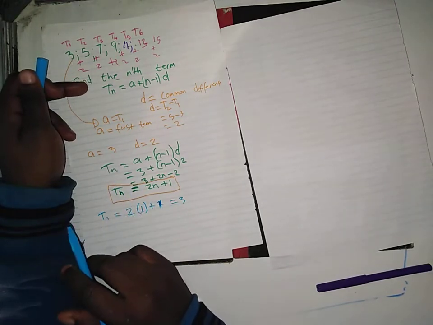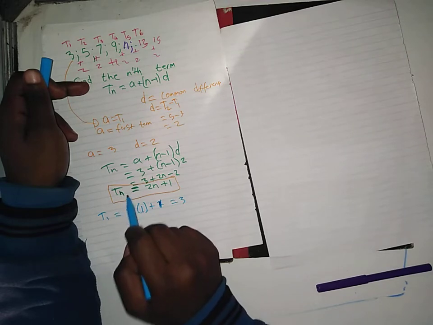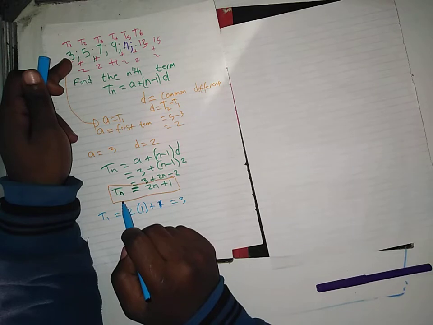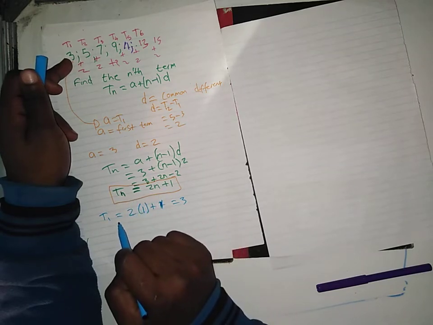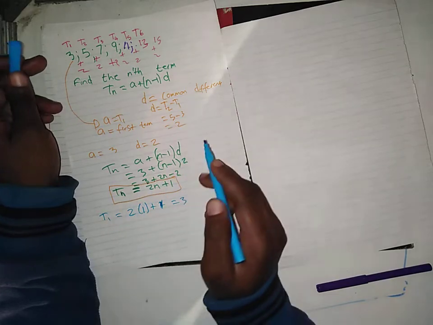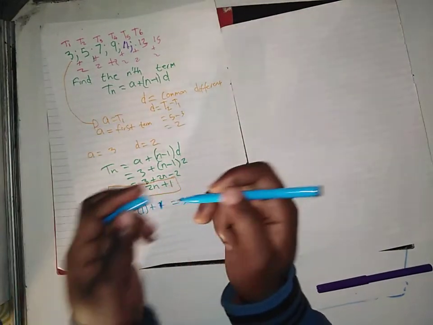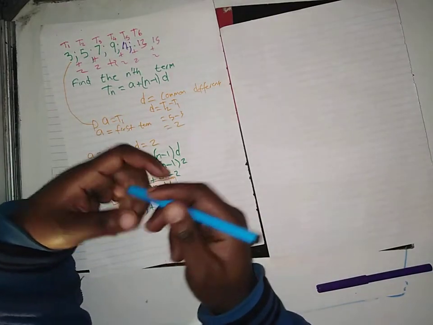Now, because of this, we can have confidence that this is an equation that generates these particular sequences. Do you understand? So we've got our Tn and now we are sorted. But let's go further than this.